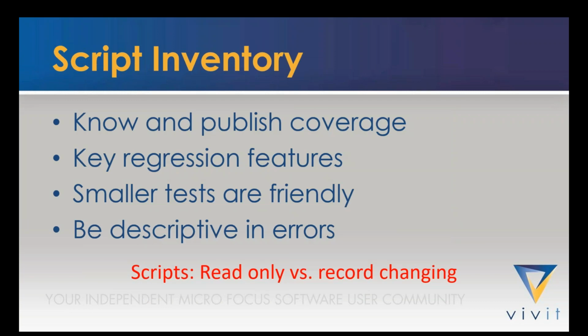In terms of script inventory, I highly encourage that we publish our coverage. A lot of times when you're integrating with a process, whether it's DevOps, CI, or just working with the development team to test better in earlier environments, it's good to understand what your coverage capability is.